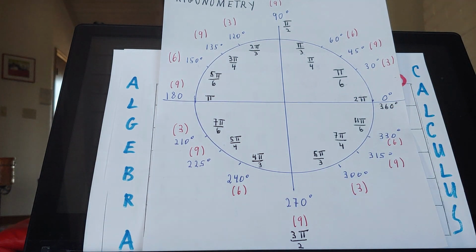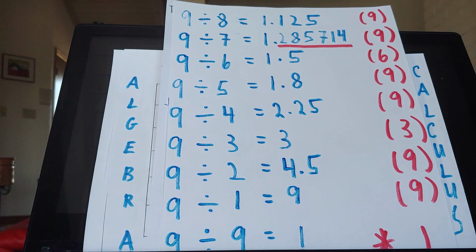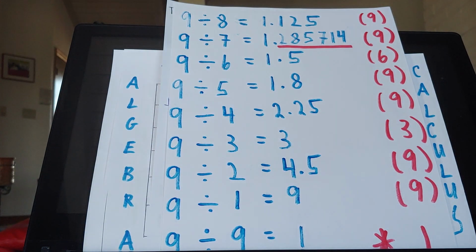No matter which way you divide a 9, you're always going to come up with 9, or 9 by 9 is 1. And I show you that here. So if you divide 9 by any number, as long as they're even slices, 360 degrees by any evenly sliced, any way you want to slice it evenly.